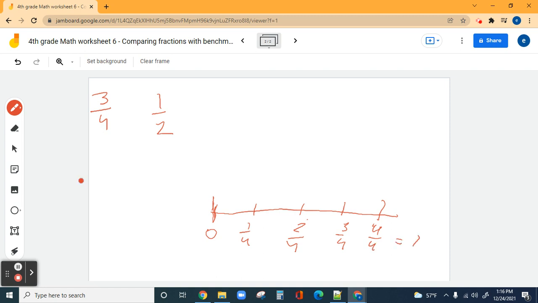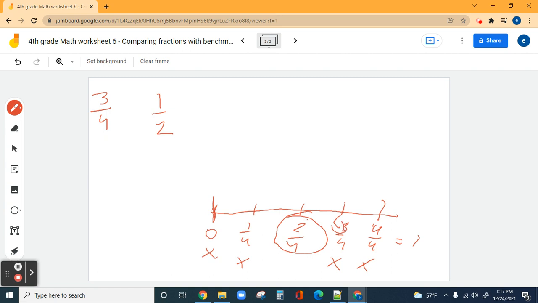And so here we can do the X technique again, and we come up with 2 by 4. Now we should always divide to see if this is our real benchmark.